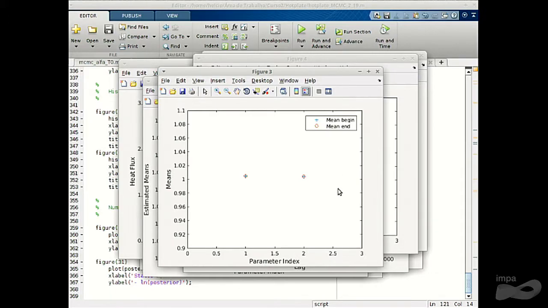So we have all the references now to decide if this is a good chain or not. No? We need to look at the integrated autocorrelation time. We need to see the confidence intervals of the means. We need to see if the posterior has converged. We need to see if the chains look nice. And we also look at the difference between the means at the beginning and the end of the chain. Okay.